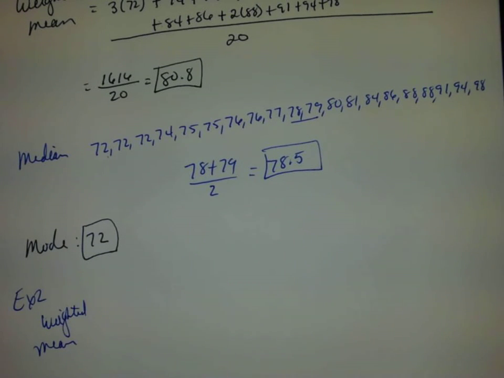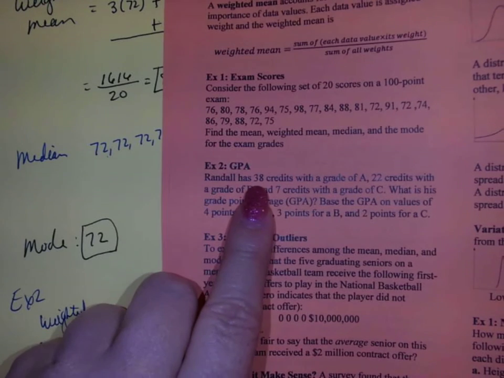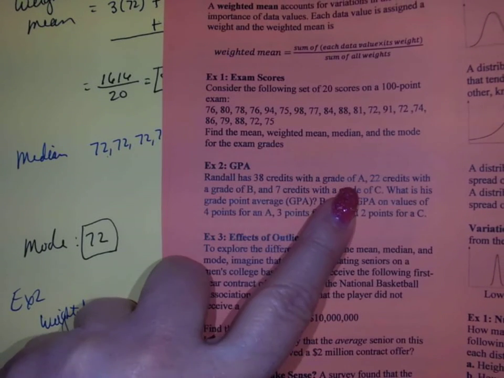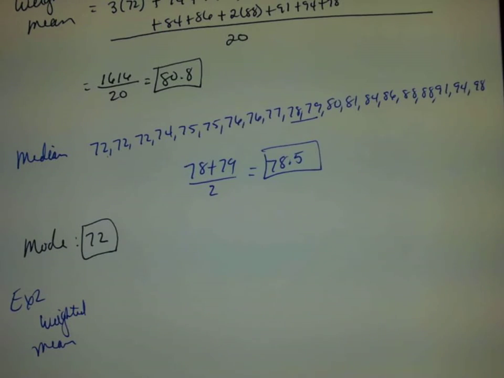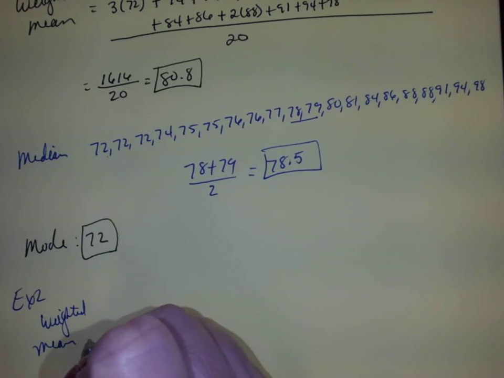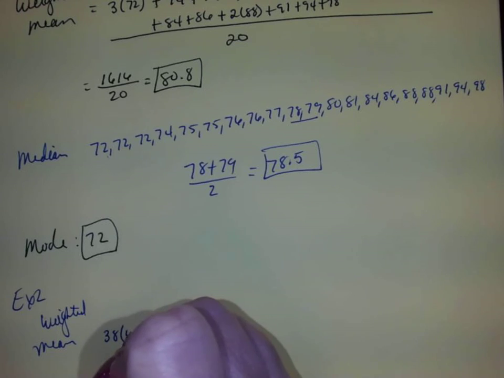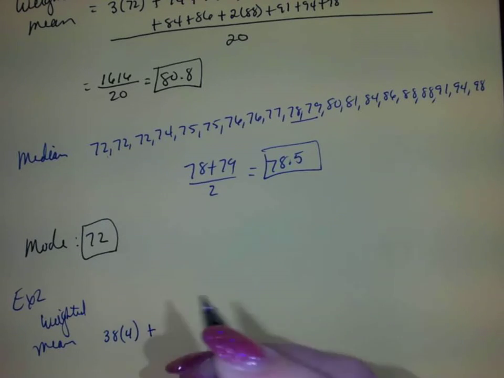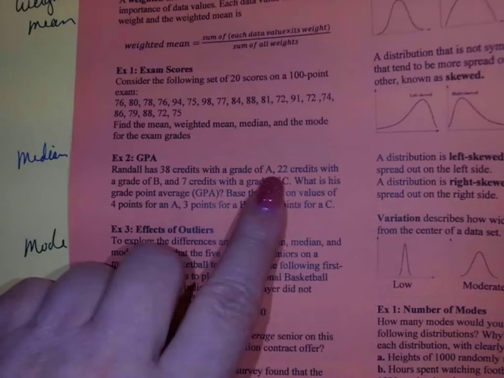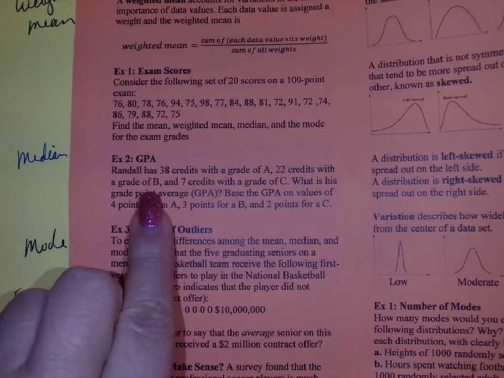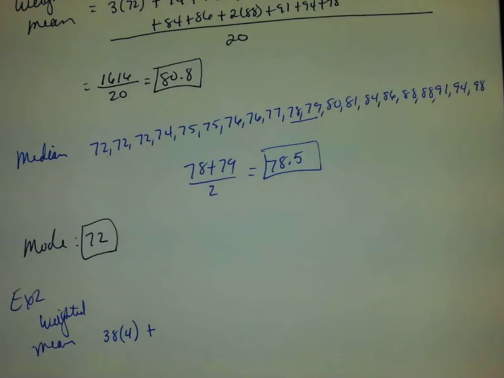And we know that he had 38 credits for an A, and an A is worth 4 points. So I have 38 credits for an A worth 4, plus he had 22 credits of a B, and a B is worth 3 points.